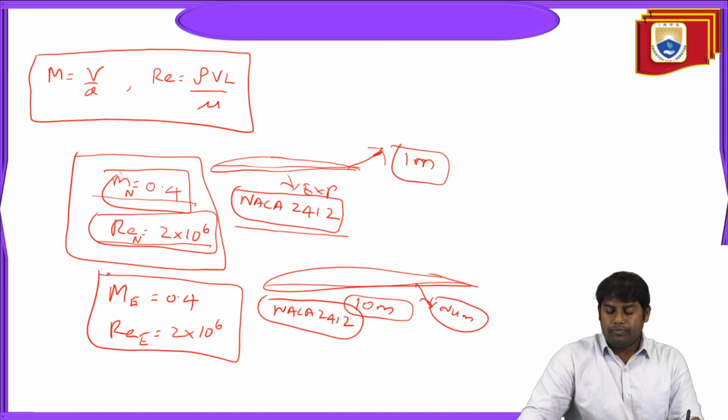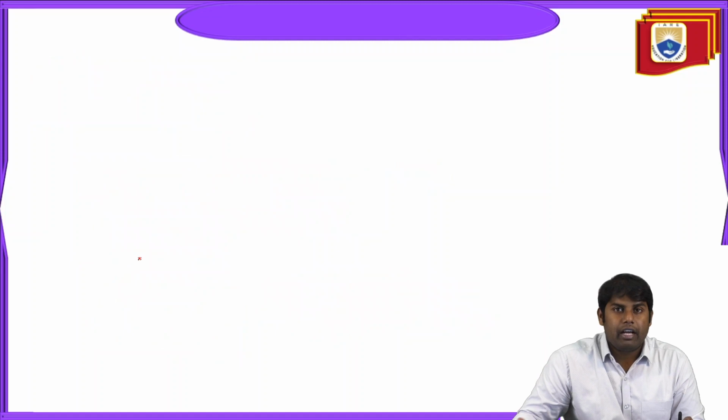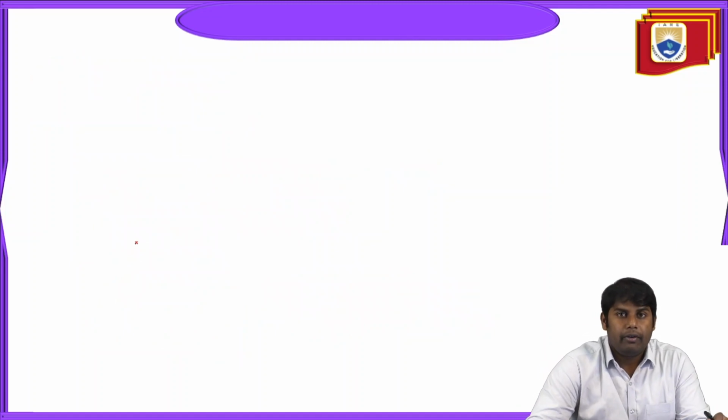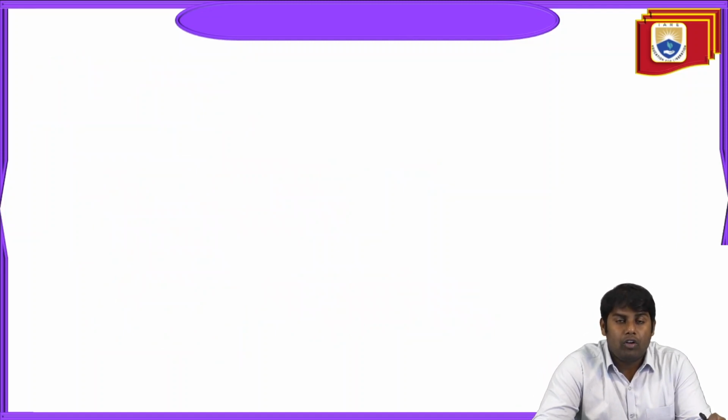Okay, so with this we conclude that the Mach number and Reynolds number will play a major role for compressible flow. Only the Reynolds number will play a major role in incompressible flow to compare the results of the numerical and the experimental models for the different geometries for different applications.